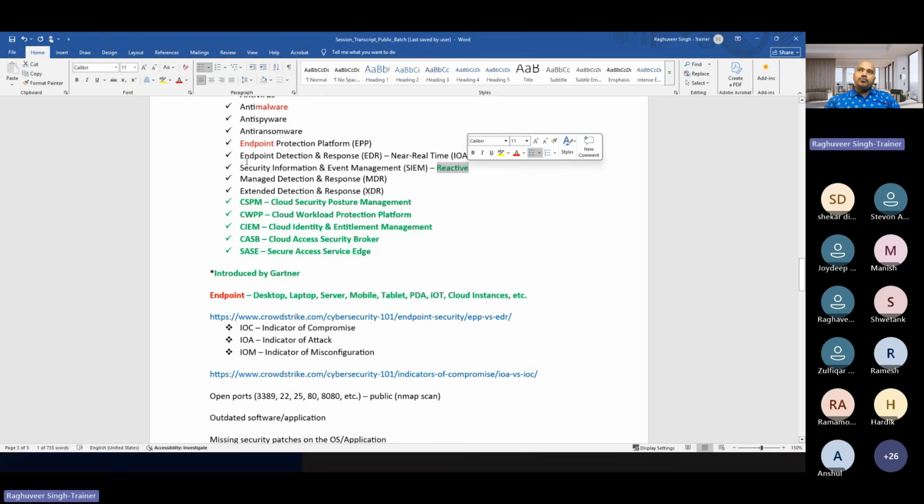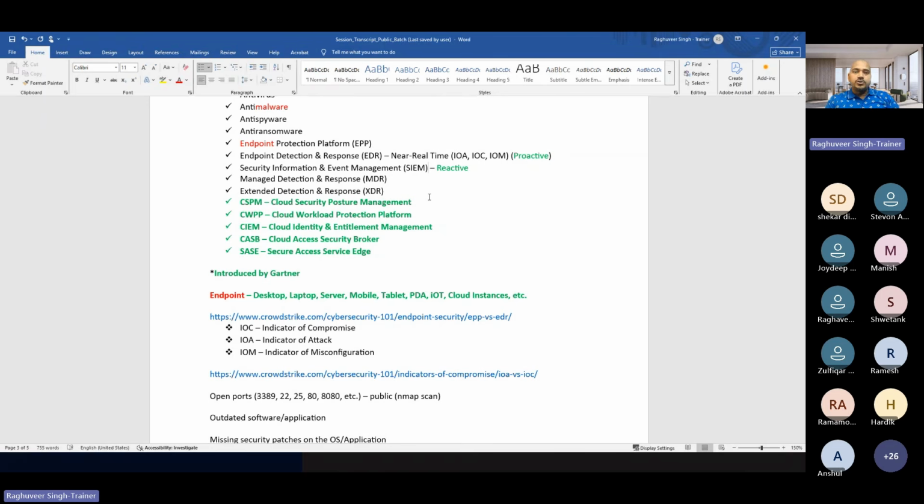After endpoint detection and response, there is another security solution that we use in the market, known as security information and event management solution. It also has another flavor, which is SOAR, the automation layer of it. The job of these SIEM and SOAR solutions is to store logs from different devices, which includes endpoints and other devices which EDR can't protect.